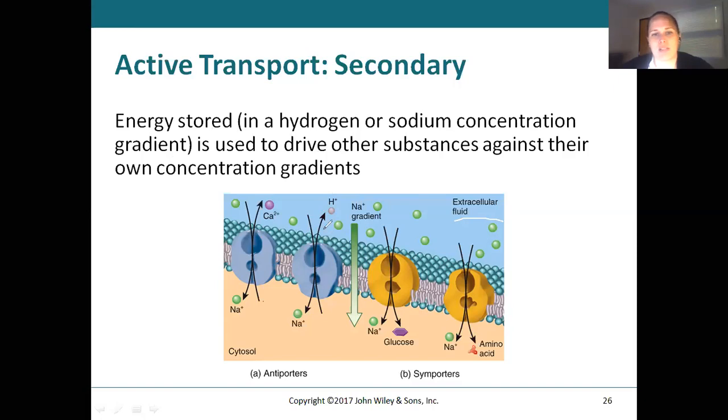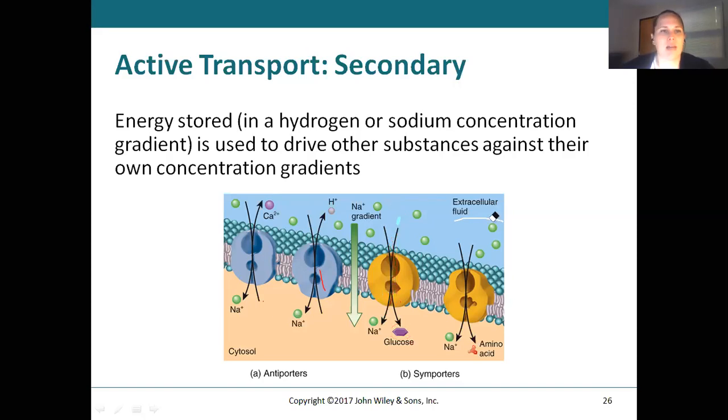So you're not necessarily always moving in opposite directions. You can have them moving in the same direction. In the case of glucose, let's say you have a low concentration outside the cell and a high concentration inside the cell, you can still use that sodium gradient to get glucose into the cell. Same thing can be said for different amino acids.